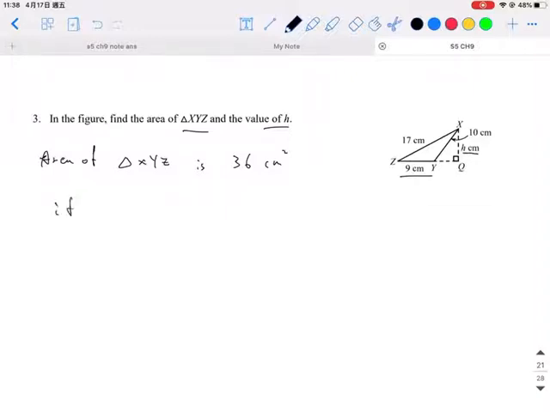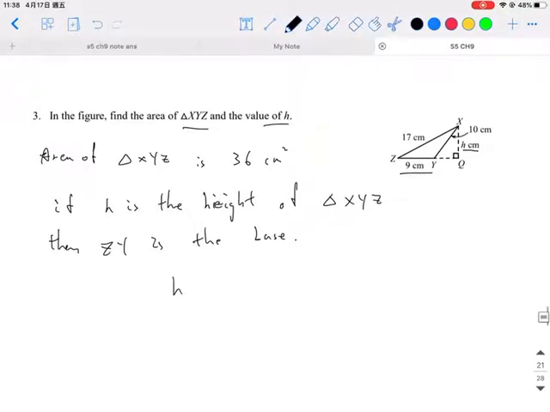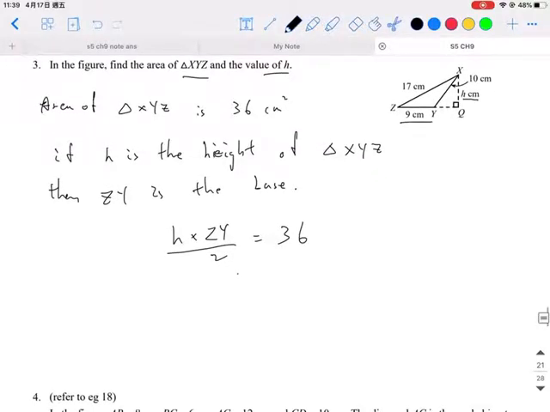If h is the height of triangle XYZ, then ZY is the base. So therefore, you can apply the area of the triangle, the height times the base over 2 is equal to 36. So after solving it, you can get h is equal to 8.